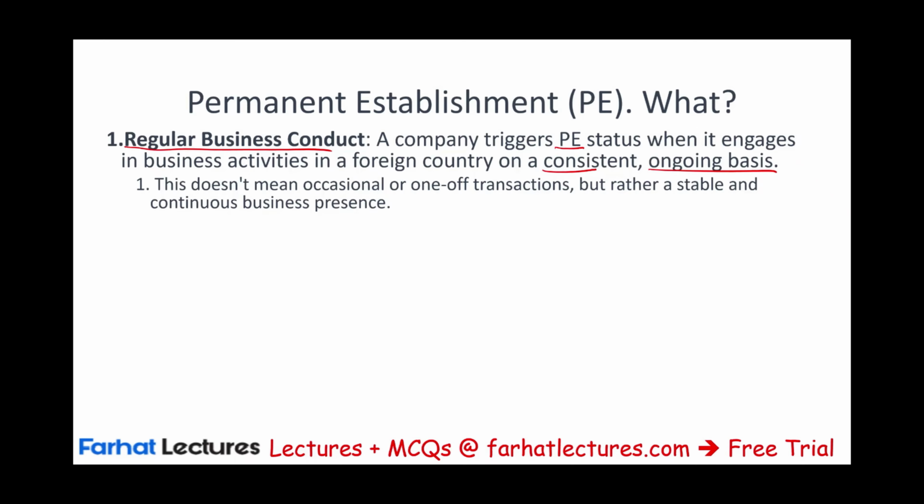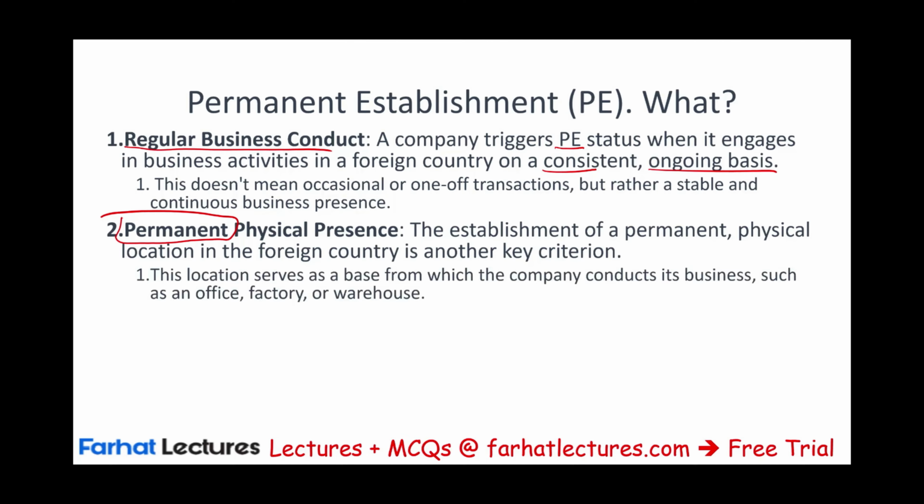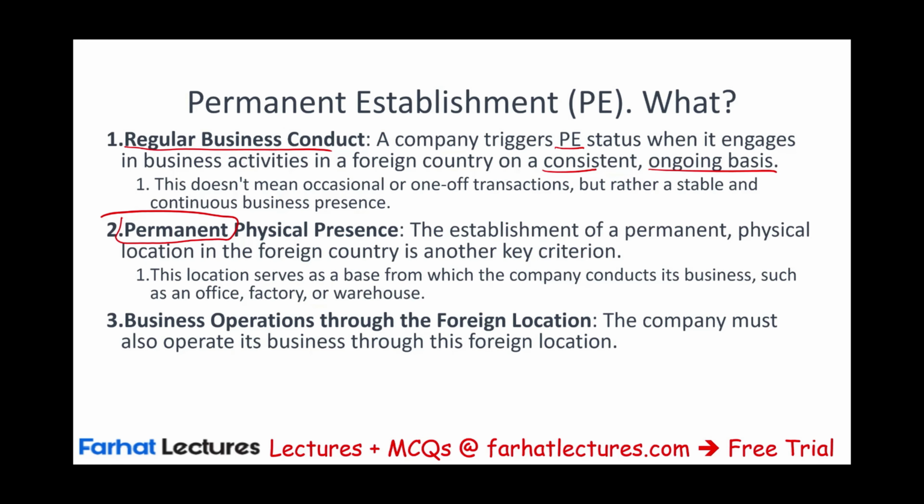Two, you have some sort of physical presence, and that presence is permanent. So you established a physical location in that country. That physical location could be an office, a factory, or a warehouse. You have a presence, and you conduct your business operation through the foreign location. It's not only that you have a business location, you are conducting business.